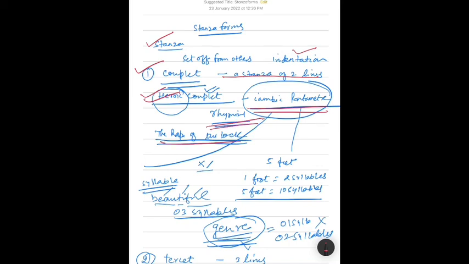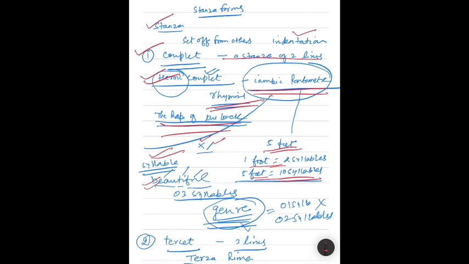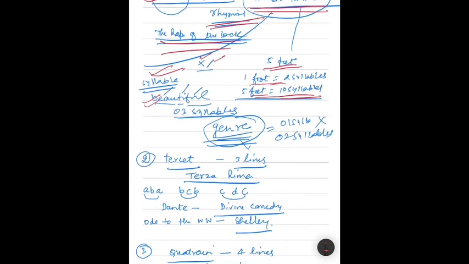The Rape of the Lock is an example. I also tried to explain that iambic means first syllable is unstressed, second is stressed. Pentameter means 5 feet, 1 foot equal to 2 syllables, 5 feet equal to 10 syllables. And what is syllable? I explained it to you and I gave you one example, say beautiful, 3 syllables are there. I also gave you this example to pronounce the word correctly. There is genre. There are 2 syllables there.